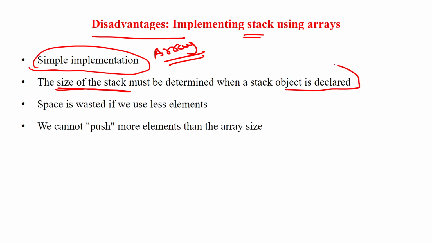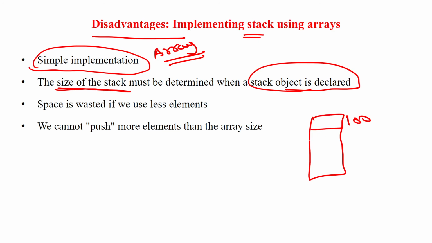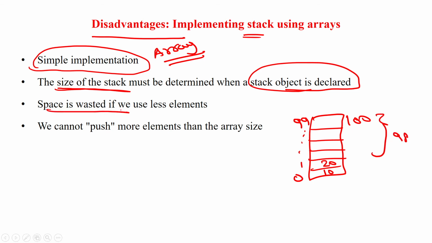For example, if the stack size is 100 memory locations, from 0 to 99, and I use only two memory locations, here 10 is stored, here 20 is stored, the remaining 98 memory locations are wasted.